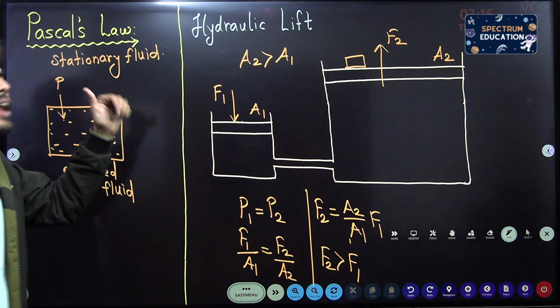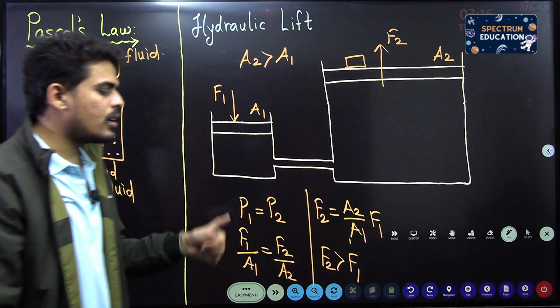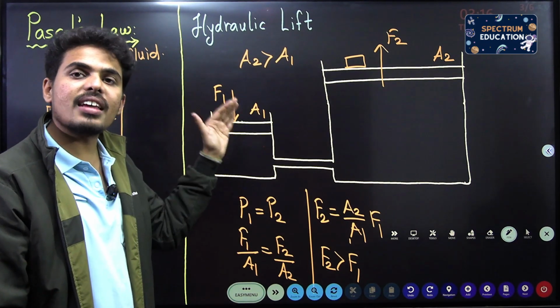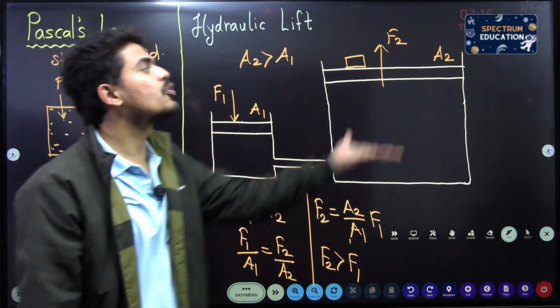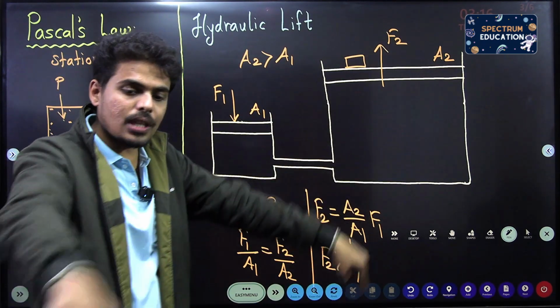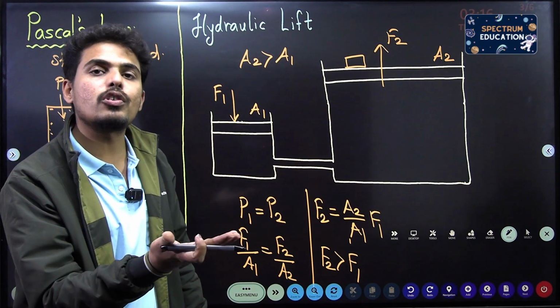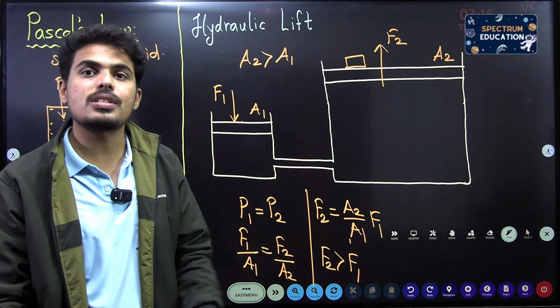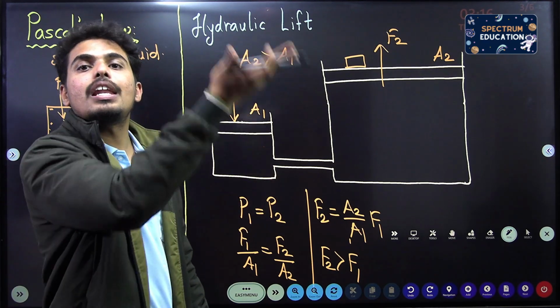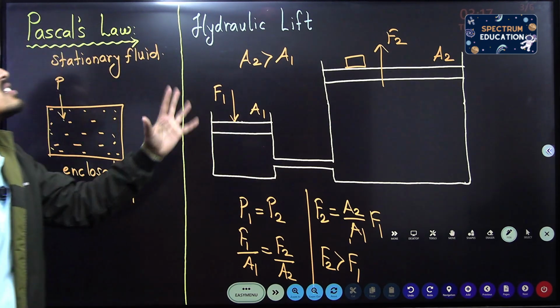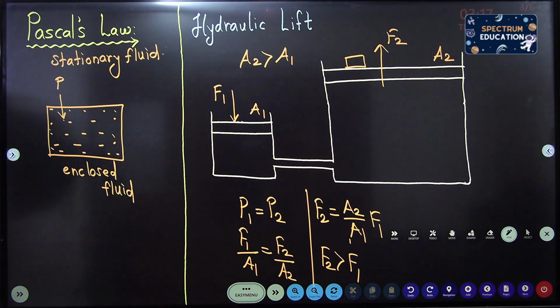So वो क्या करते हैं? एक बटन नॉब प्रेस करते, वहां से एक स्मॉल फोर्स लगता है, बट वो स्मॉल फोर्स लार्ज फोर्स क्रिएट करता है, और वो जो इतना फ्लोर होता है उतना फोर्स लगता है, बट प्रेशर तो सेम ही रहेगा, तो उतना फोर्स लगता है, और जो कार है वो लिफ्ट की जाती है. So this is the example of a hydraulic lift based on the principle of Pascal's law.